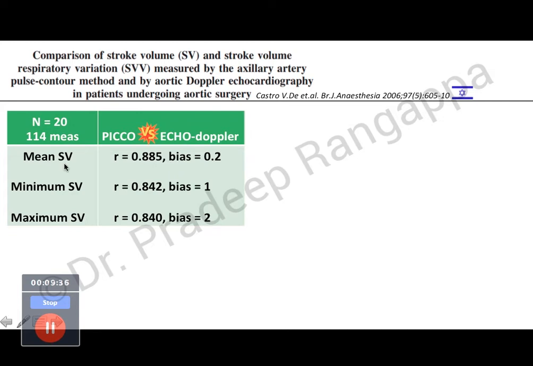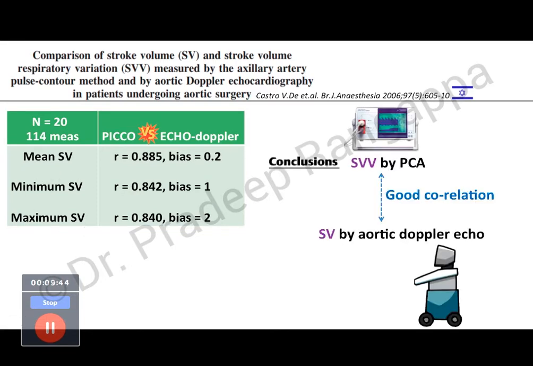Minimum stroke volume also had a good correlation, and maximum stroke volume also had a good correlation. The authors concluded that stroke volume variation measured by pulse contour analysis in this study had a good correlation to stroke volume measured by aortic Doppler echo as well, which means they were concordant and one was not superior to the other.